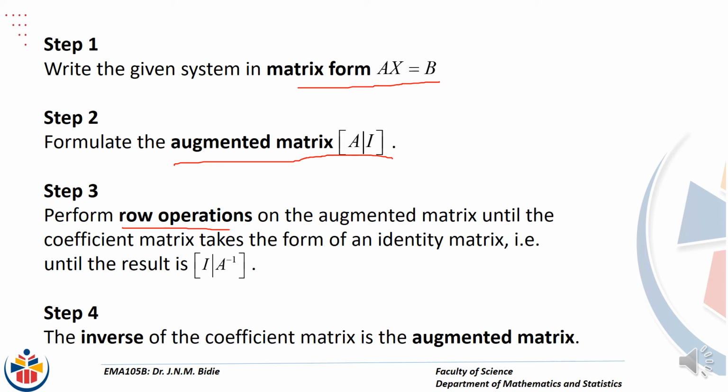So when you are doing the row operations, it will definitely change the identity matrix, and it will definitely change A, and you'll end up with an augmented matrix of the format I augmented to A inverse. Then A inverse is the one that you've got on the right hand side. So let's quickly do some examples and let's see whether we'll be able to do this.